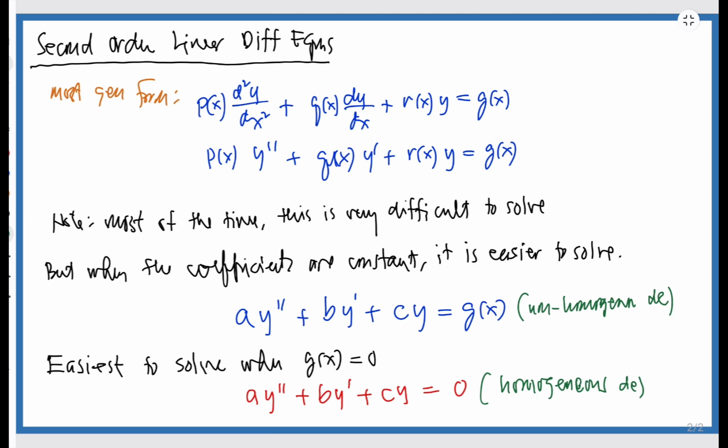So it should look like this: a y double prime plus b y prime plus c times y equal to 0. Now, let's examine this equation. It says that we have a function y which is multiplied by a constant, so it could be a multiple of the same function.